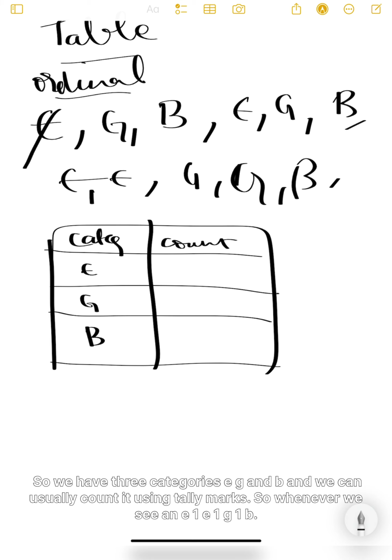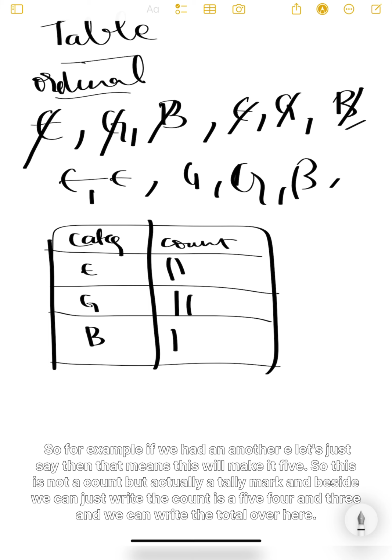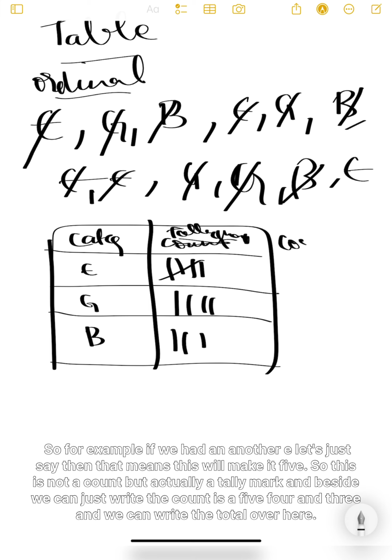Whenever we see an E, one G, one B, another E, another G, another B, another two E's, two G's, one B. If we had another E, that would make it 5. So this is not a count but actually a tally mark. Besides, we can just write the count as 5, 4 and 3.